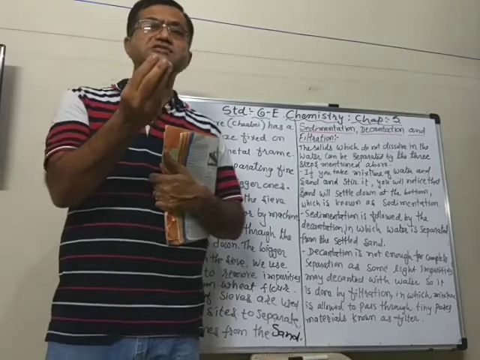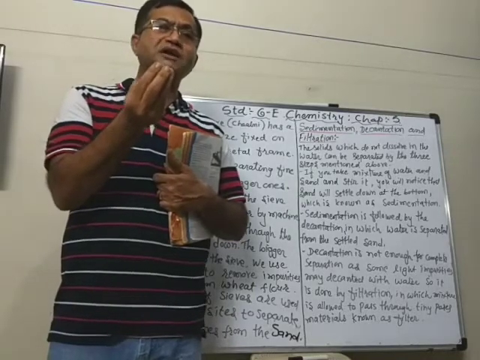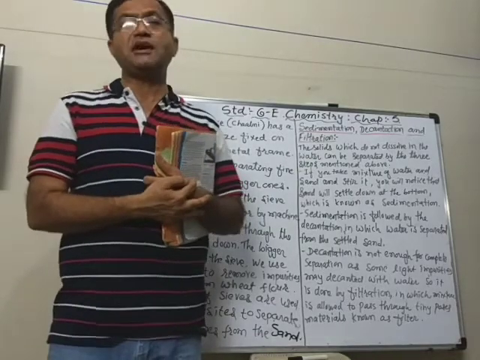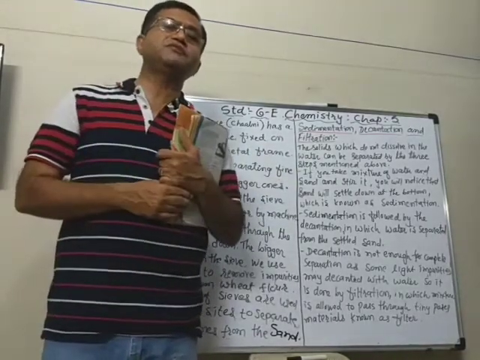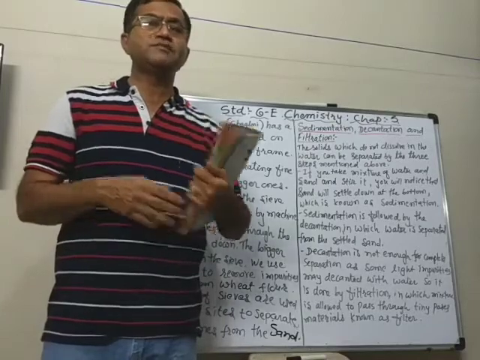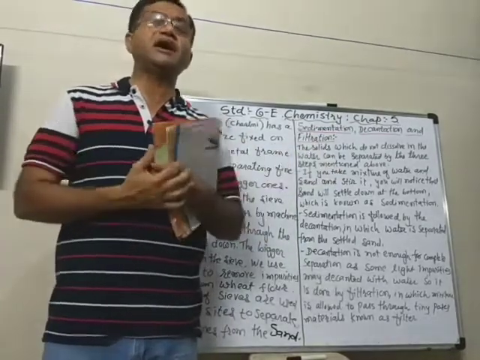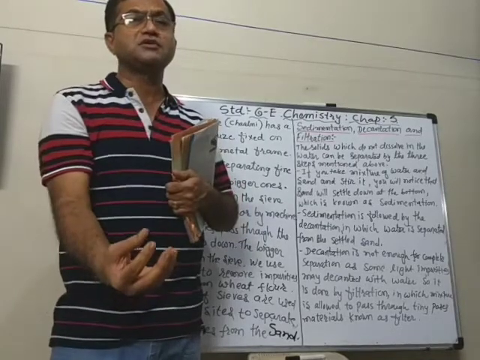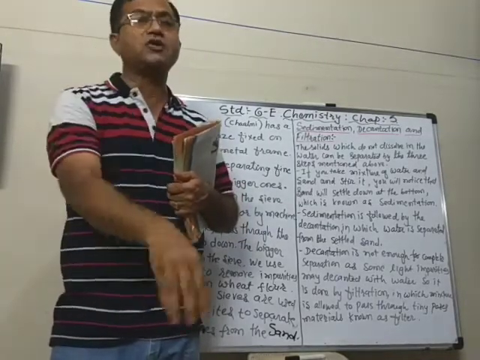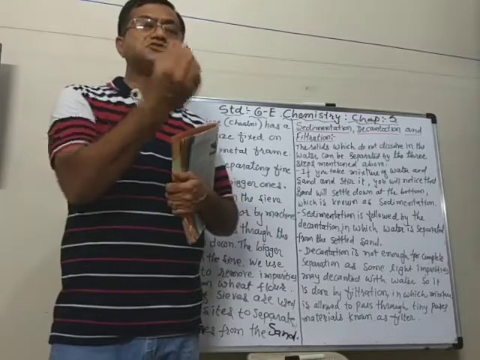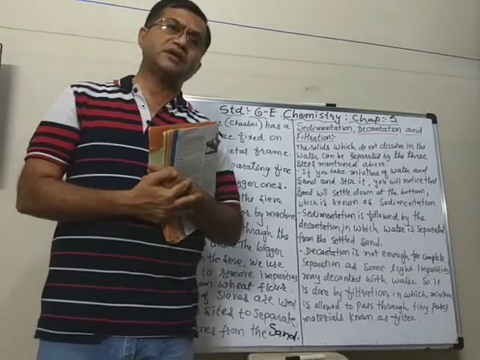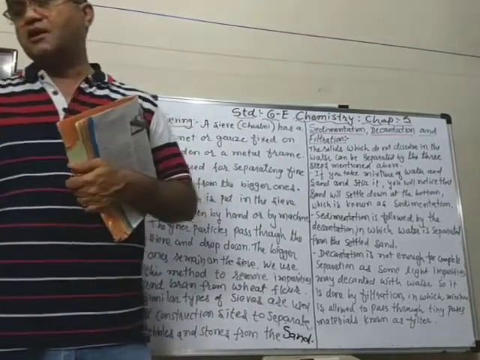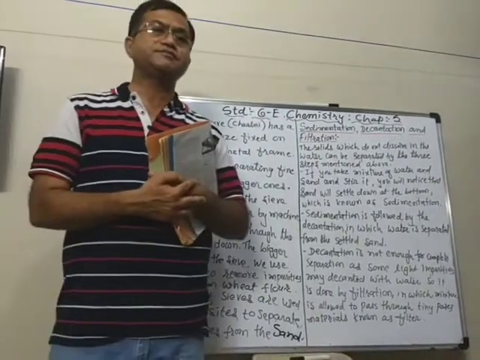Then the holes in the sieve must be smaller than the size of the wheat. So what will happen when we take the wheat in the sieve and shake it with the hand? Those dust particles will drop down from those small holes, and the wheat will be on the sieve, and then we can separate like that.